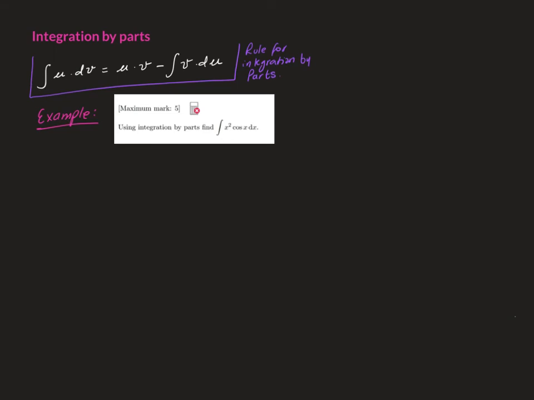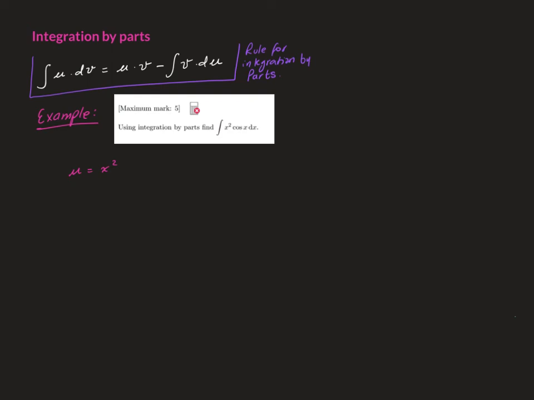Now let's do one exam style question. Using integration by parts, find the integral of x squared cosine of x dx. In this case, we're going to define the function u as x squared. The reason is the same one that we gave for the first example.